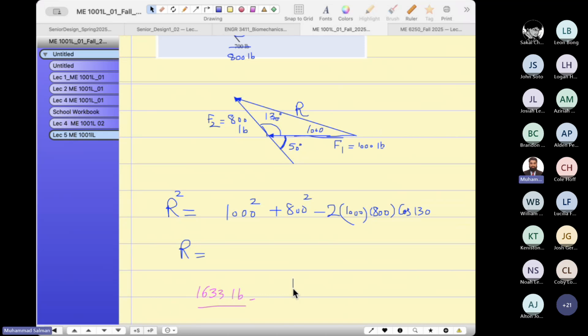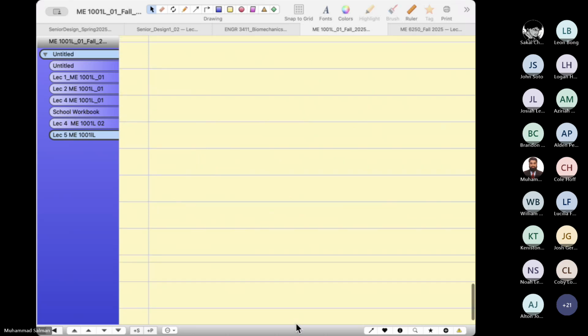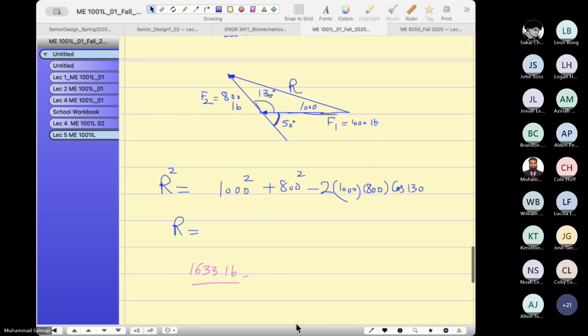Please type in the answer in the chat box. One student, Amul, says 1630. Good.